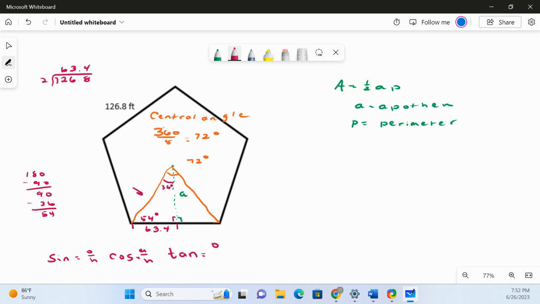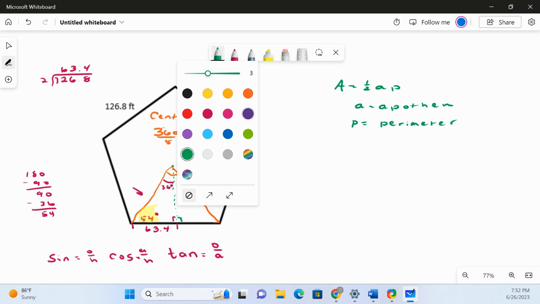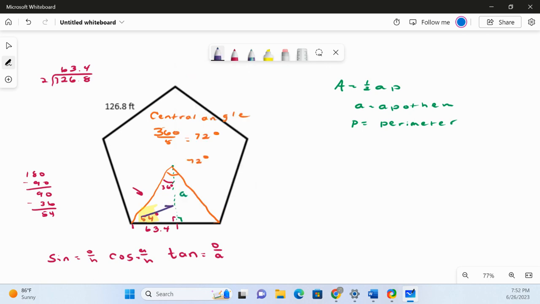Tangent is the opposite side over the adjacent side. Well, if this is the angle I'm focused on, this angle right here, the side opposite that angle is the apothem. The side adjacent to that angle is the 63.4. So there's our ratio. We've got the tangent of our angle, which is 54 degrees, equals the opposite, which is the thing we don't know, over the adjacent, which is 63.4.